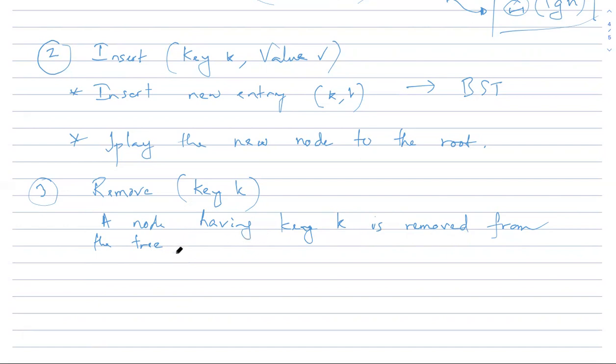Okay. So key k is removed from the tree as with an ordinary binary search tree. So let x be the node that is removed from the tree.